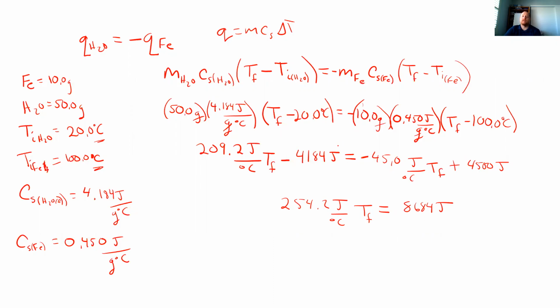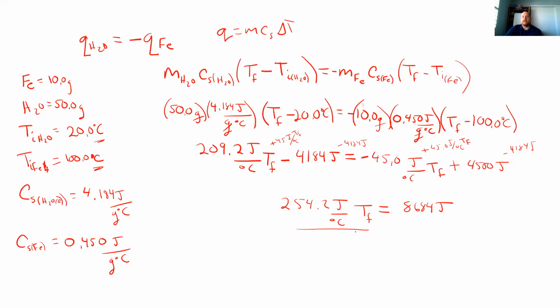We're just subtracting, right? Minus 4,184 joules. Just what I did there, so you can know that. So plus 45.0 joules per degree C times TF.